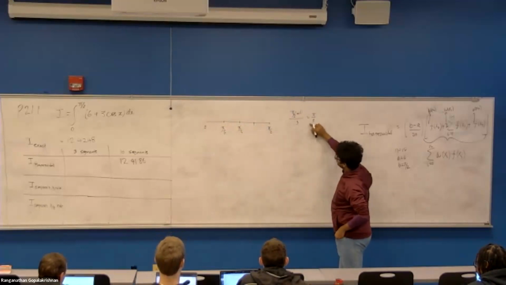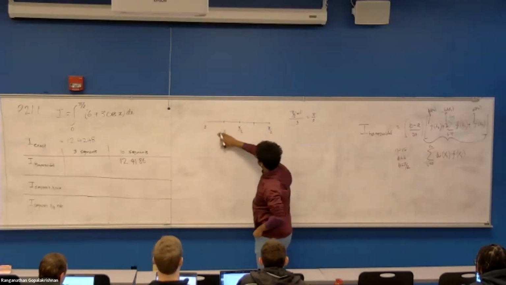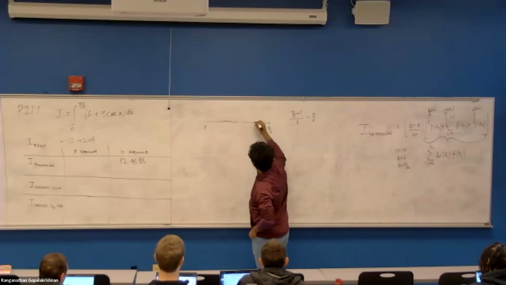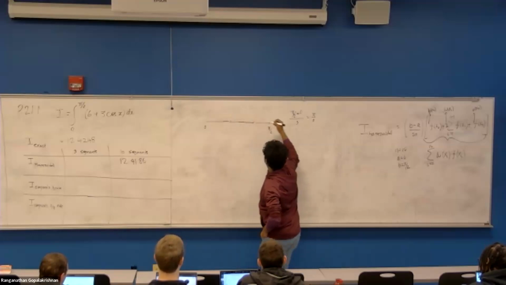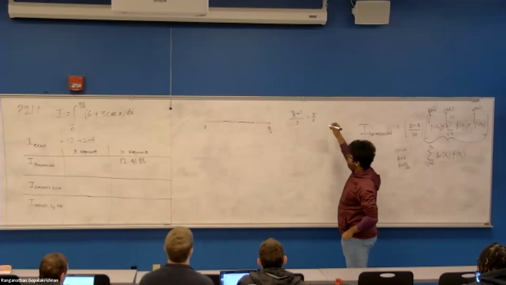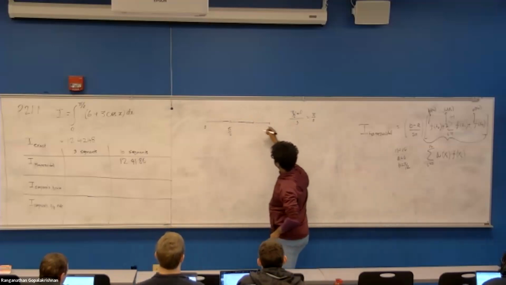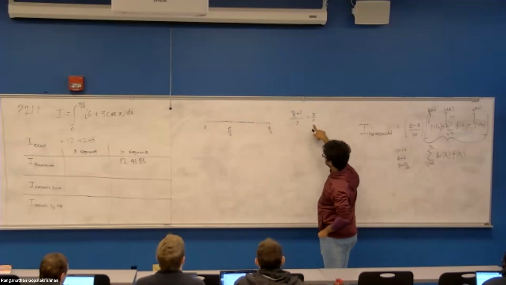4 segments? Oh, we need 3 segments. Sorry. Three segments. So you need 1/3 and then 2/3. What is 1/3? That is pi by 6. Right?